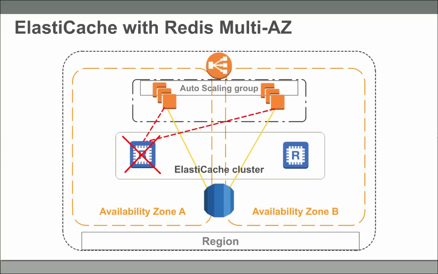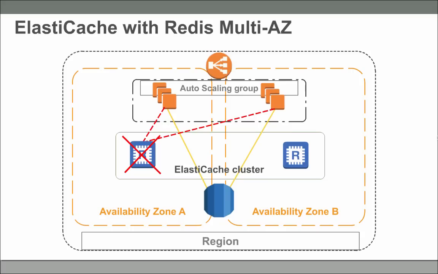Then, after we did this, we'll update the primary DNS endpoint to point at the replica node. Now, this is an important part, so let me spend a few seconds talking about that. For a replication group, as you see here, that has one primary and one replica, ElastiCache will actually give you 3 endpoints. 2 of them are individual endpoints of the primary and the replica, as well as one persistent endpoint that always points at the primary.